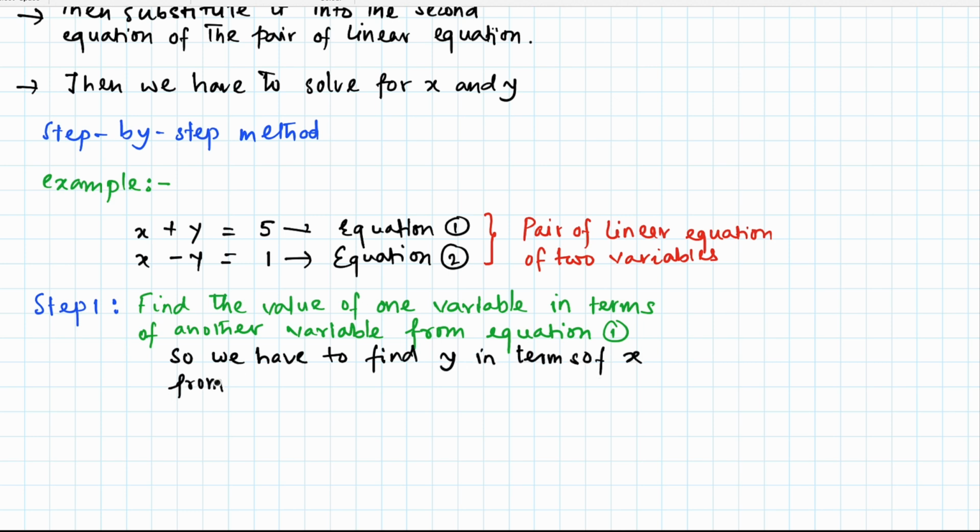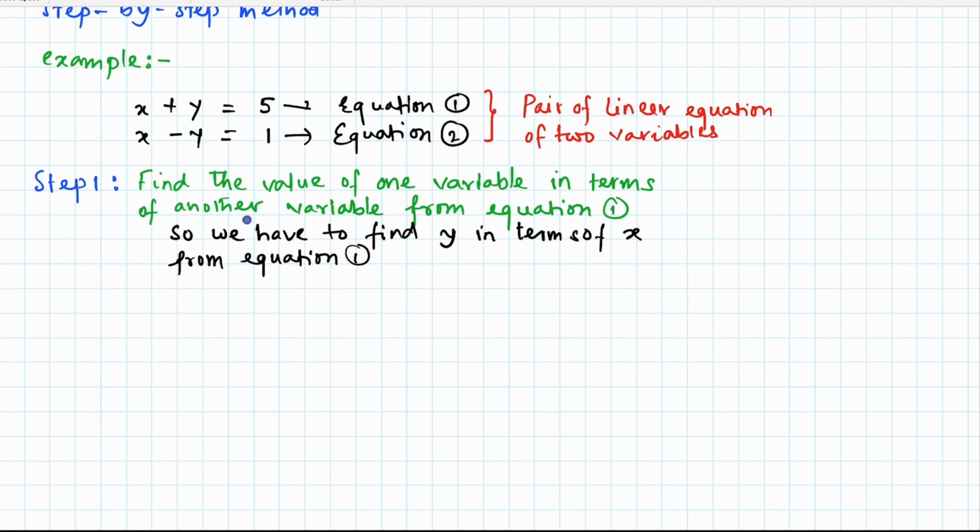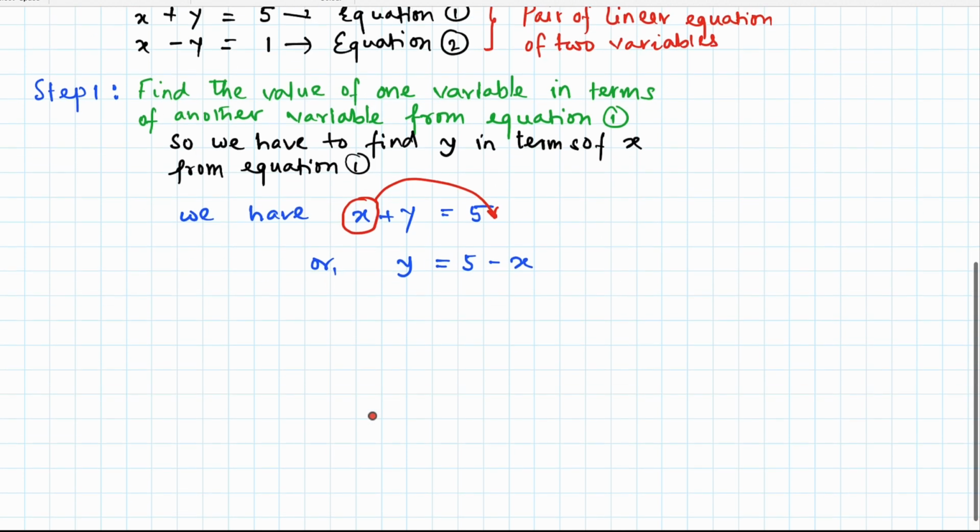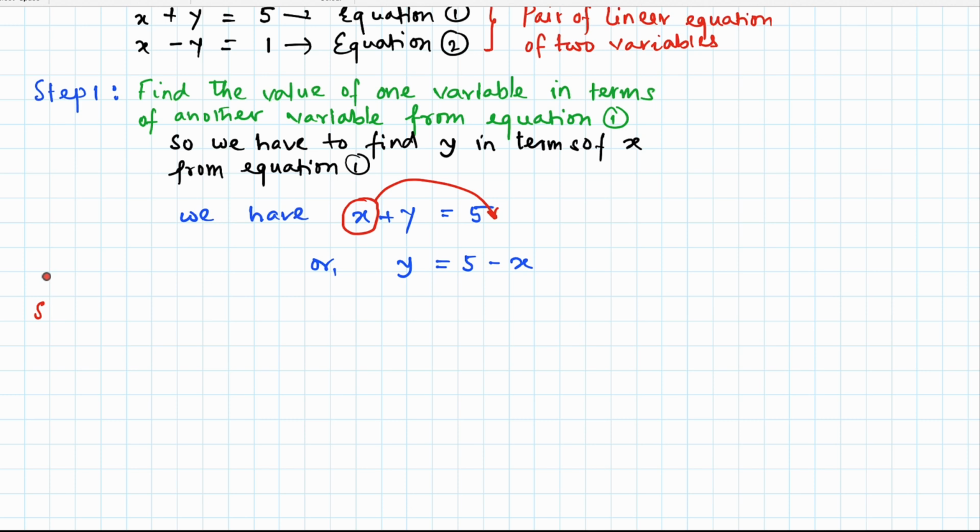So we have to find y in terms of x from this equation. So we have x plus y is equal to 5, y equal to 5 minus x. So we are moving x from the left hand side to the right hand side and take care of the sign. This is important. While doing this kind of problem, we should take care of the sign. So the sign of x has changed from plus to minus.